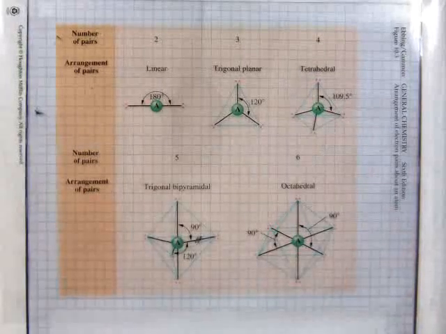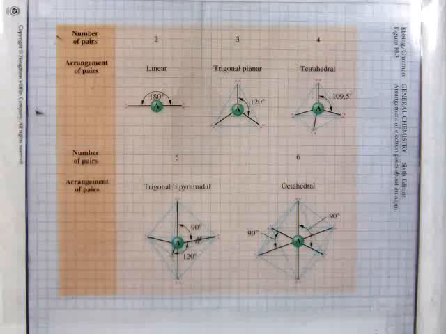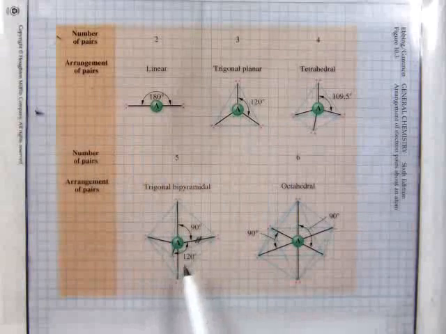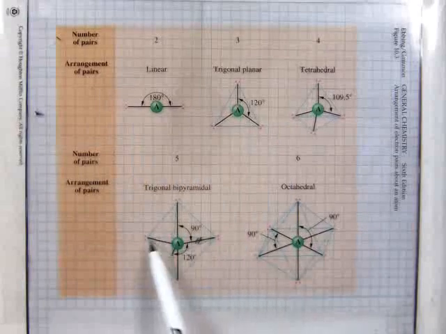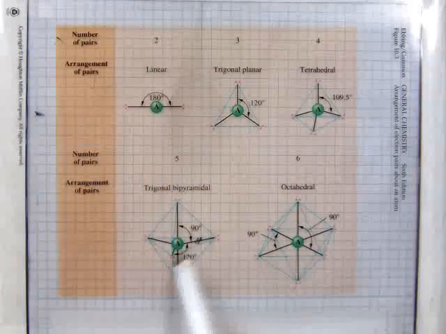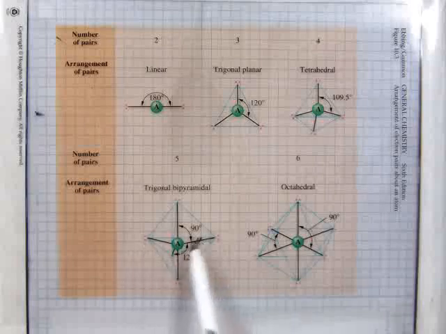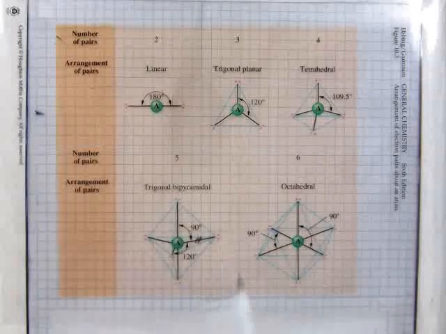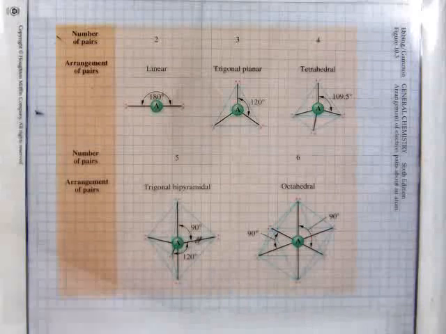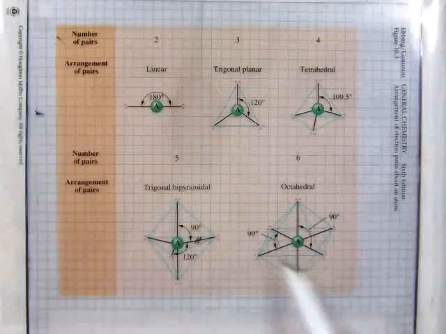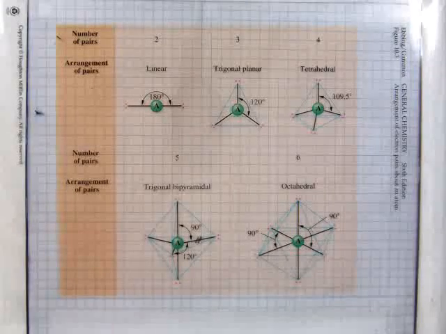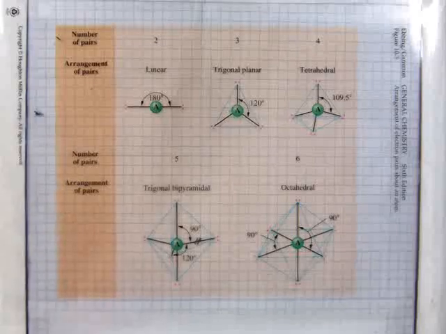If you change the attachment, you will change that bond angle a little bit, and I'll show you that as we get into those geometries. Here's your trigonal bipyramid, and of course it's a triangular, like a trigonal planar, 120 degrees, and then you have 90 degrees on the verticals, obviously. And same way here, there are 90 degrees everywhere in the octahedron. So you can see in this diagram how that, let's see if I can focus it a little better for you.